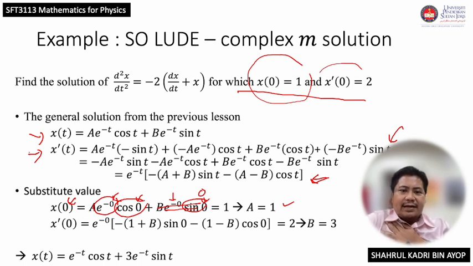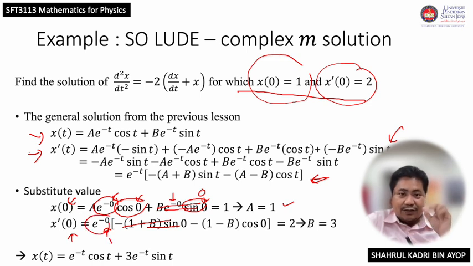Then we put the second initial condition into the first derivative. Substituting 0, the sine term is 0, so we can just cut it out, if I'm not wrong. This is equal to 1 because anything power by 0 is equal to 1.